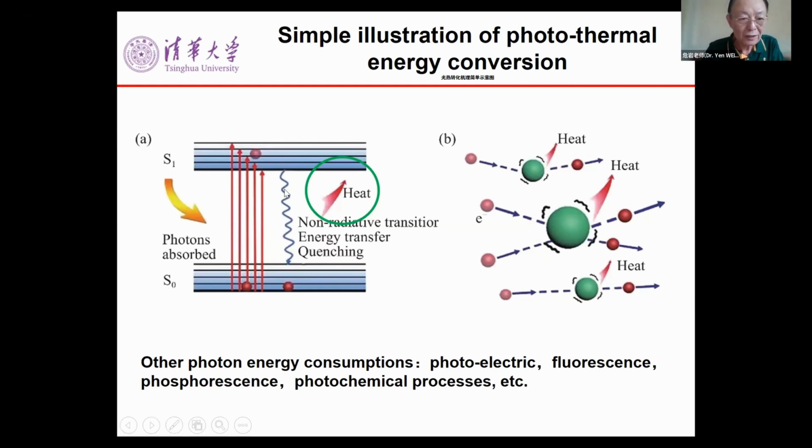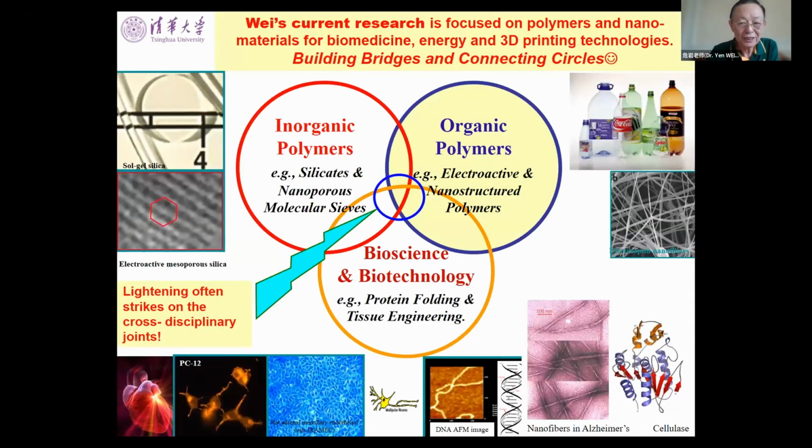Those photoelectronic energies are a very small amount. Most of the energy from the sun, from light, becomes heat dissipation. All right, it becomes heat. Now, what do we like to use that heat for?